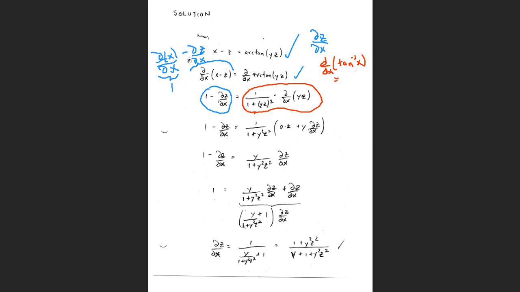Derivative of the arctangent is 1 over 1 plus x squared. So we're using the chain rule here. The outer function is the arctangent, and then the inner function is y times z. But I don't do that all at once. I get here, and then I do the partial derivative of y times z with respect to x here.